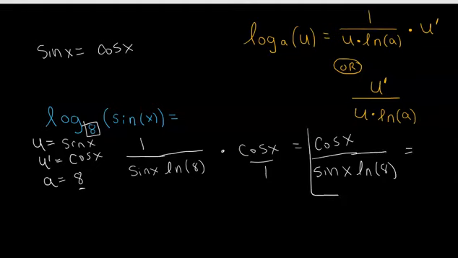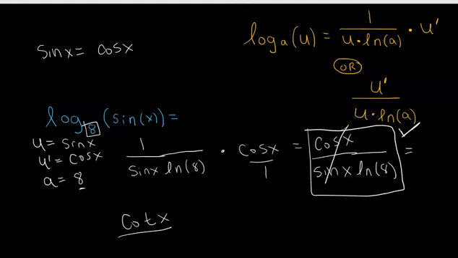So this is the appropriate answer. This can, in fact, be the correct answer. But if you look closely, you see that we have cosine and sine. When you mix cosine and sine, it makes cot x. So we got rid of that part, but we still have this other part dangling in the denominator. Well, we can just keep that, ln 8. And then this can be the answer.